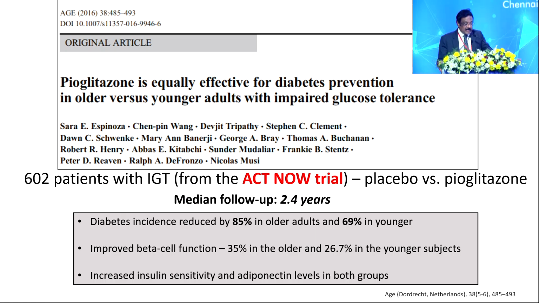Increased insulin sensitivity and adiponectin levels were also seen in both groups. So all the beneficial effects are seen in both the younger and older groups, and reversal of diabetes is also possible with pioglitazone, as well shown in the ACT NOW trial.